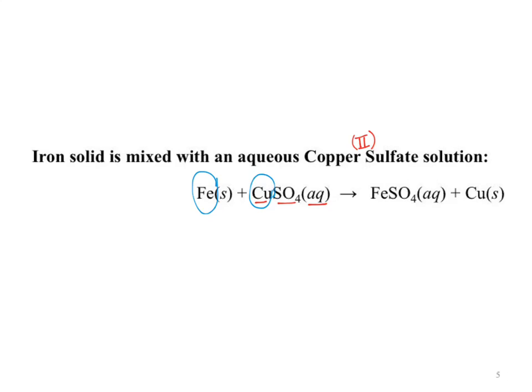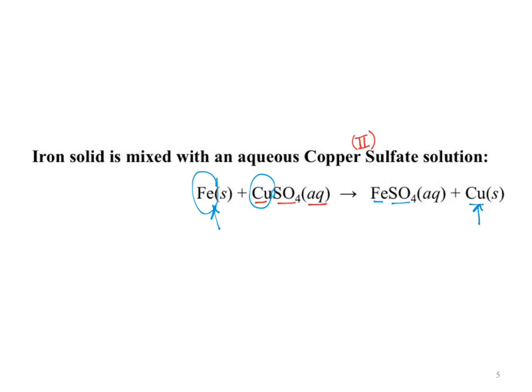If we look at the product, we generate iron sulfate, and we'll have copper. To start off a single replacement reaction, one of our metals will be in its elemental state. To end a single replacement reaction, the other metal will be in its elemental state.